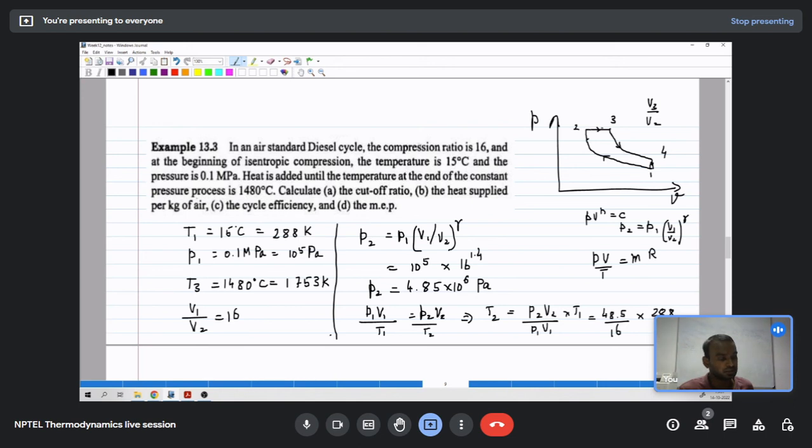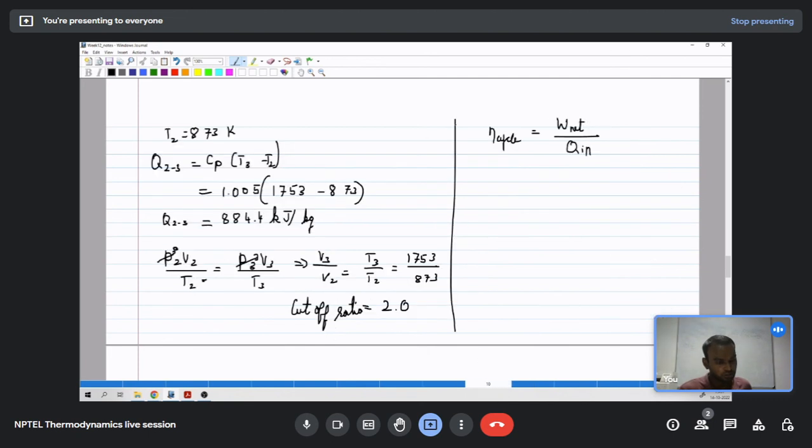work done during expansion. So work done during the constant pressure process is the area under the curve. So that is pressure into V3 minus V2, or let's just write it down here. So W net is equal to W23 plus W34 minus the compression work, which is W12.